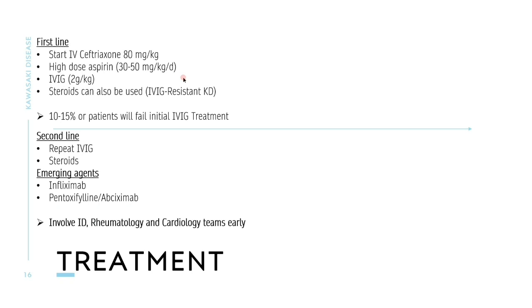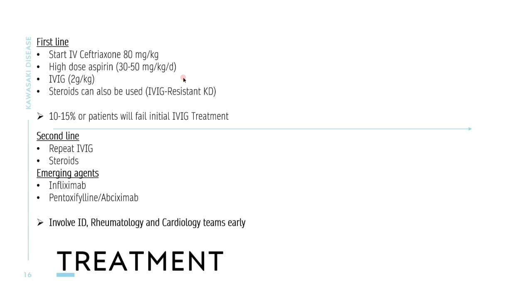In that case, these patients will probably need another dose of IVIG, but the problem is the IVIG doesn't come without risks. It can induce hemolysis and other side effects as well, so that needs to be taken care of. So the second line is either repeat IVIG and consider some steroids in them.